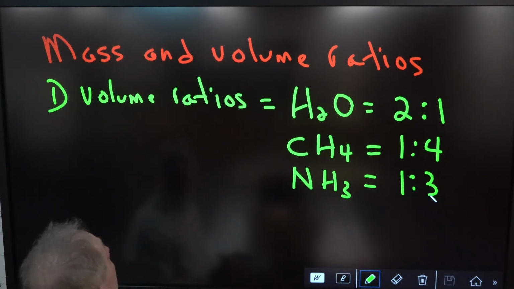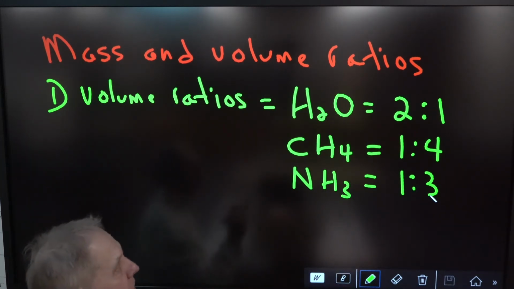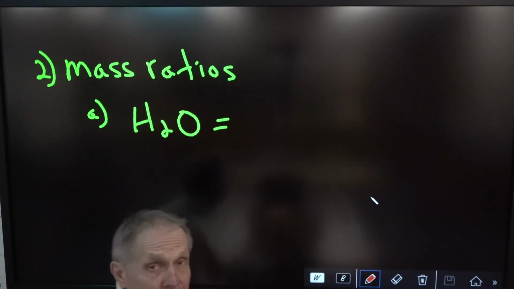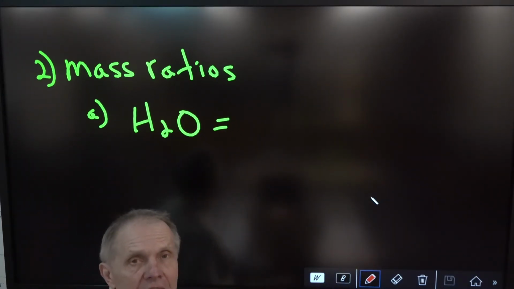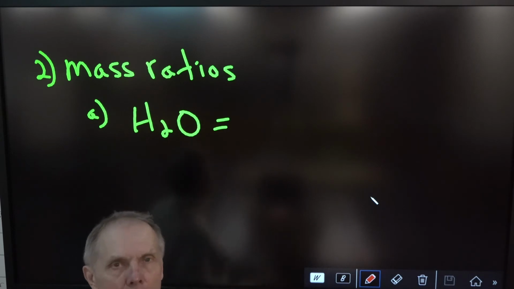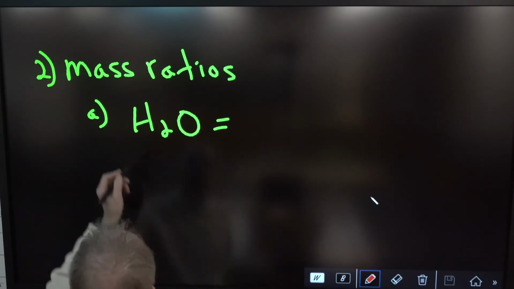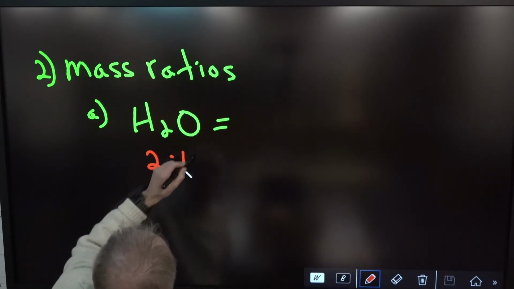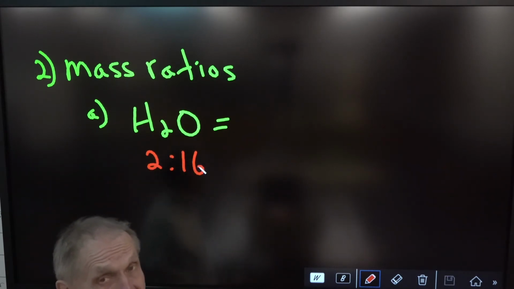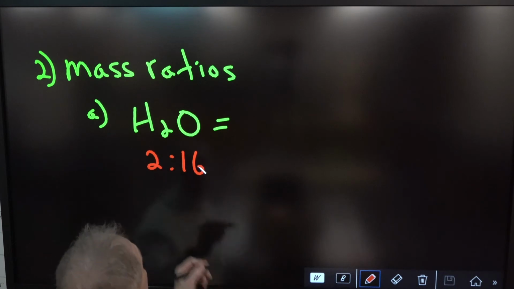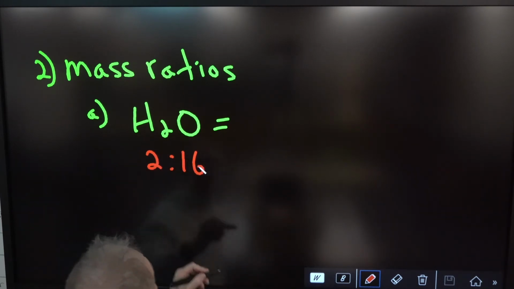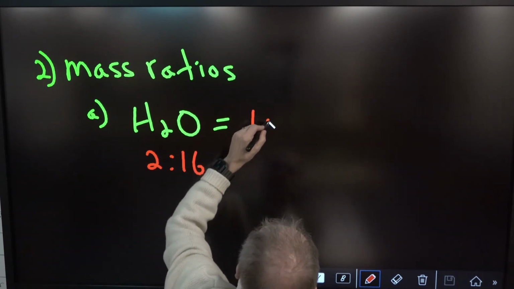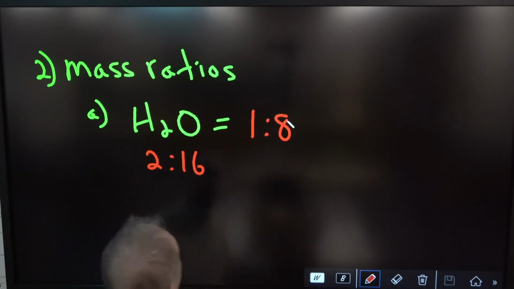All right? Now, to do the mass ratios. For the mass ratios, it's just what it sounds like. You have to find the mass and then knock it to lowest whole number ratio. So the mass of H is 1. There's 2 of them, so this is 2 to 16. But that's not the lowest whole number ratio. So the mass ratio of H2O is 1 to 8.